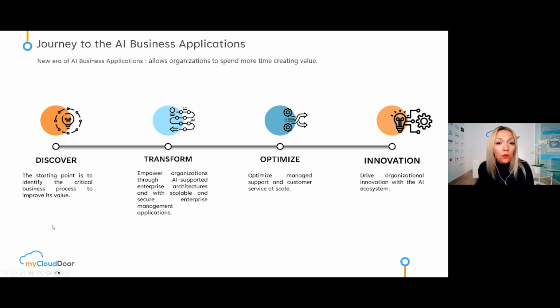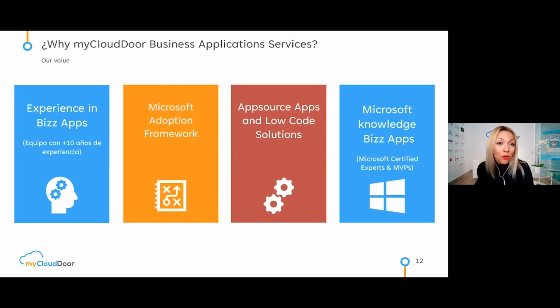To do this, we work on a 360 vision, governing and focusing on the data and the user, that guides and accompanies organizations that want to embark on this journey from these 4 pillars: discover, transform, optimize, and innovation. And now, what is their value?